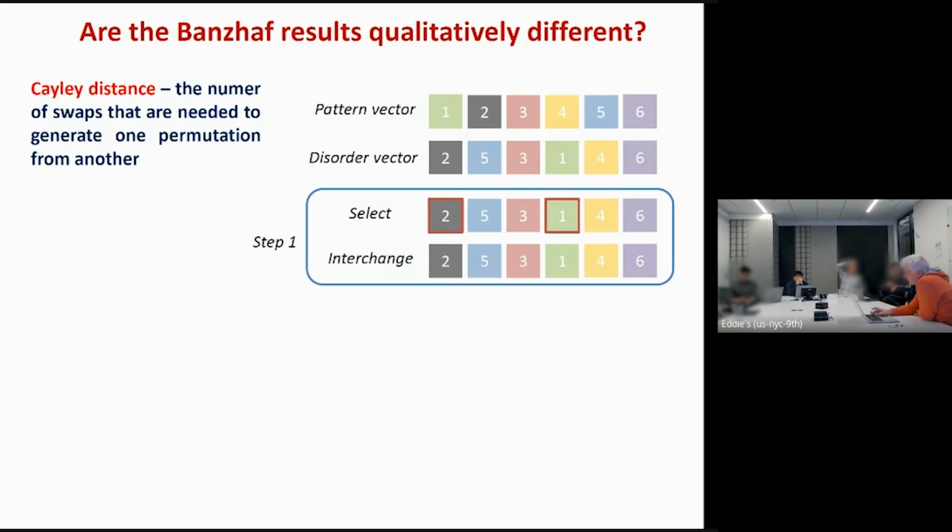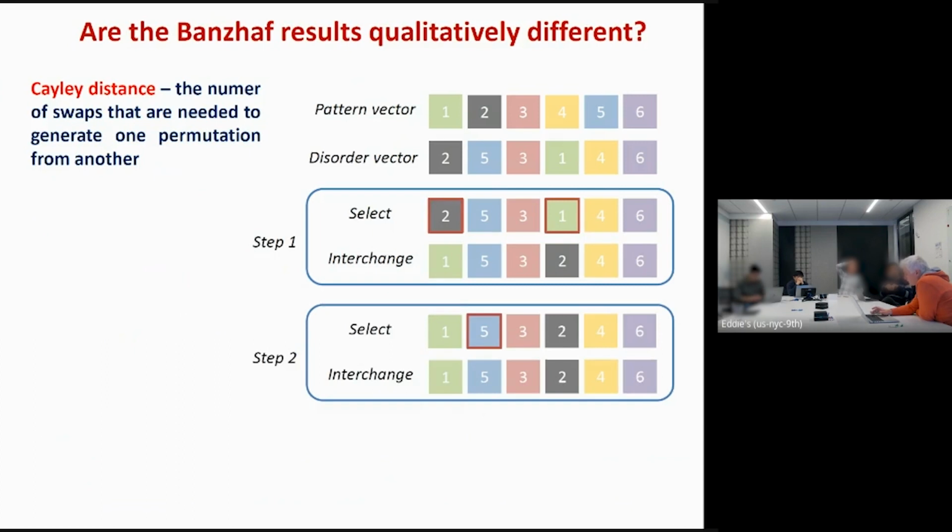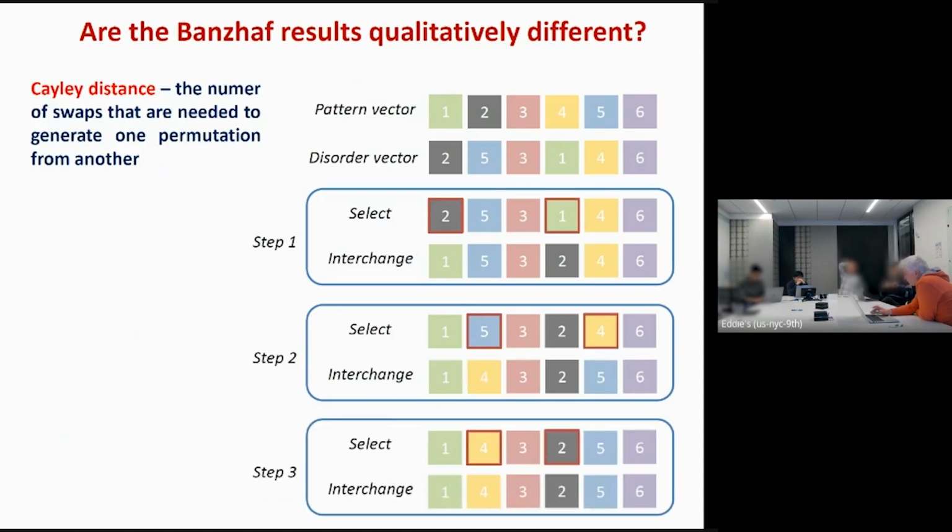Cayley distance is the number of swaps needed to go from one permutation to another. If you have these 2 examples, you look at the permutations, and the number of swaps is the distance between the 2 permutations. So these 2 permutations have Cayley distance equal to 3.